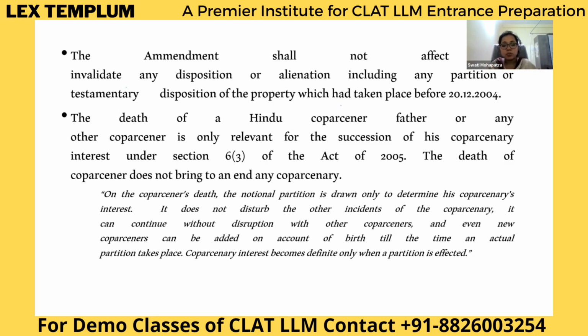The moment a new member is born, your share will decline. The moment any person dies, your share will increase. So the interest in the property is always fluctuating, and you cannot point out that this particular part of the house is mine. You know that a quarter of the property is yours, but you don't know which quarter, right? You can only find it when there is a partition.